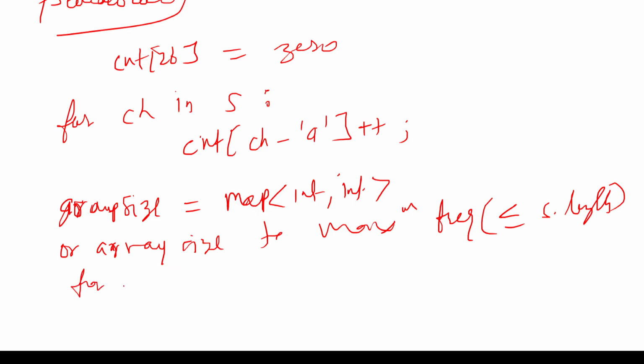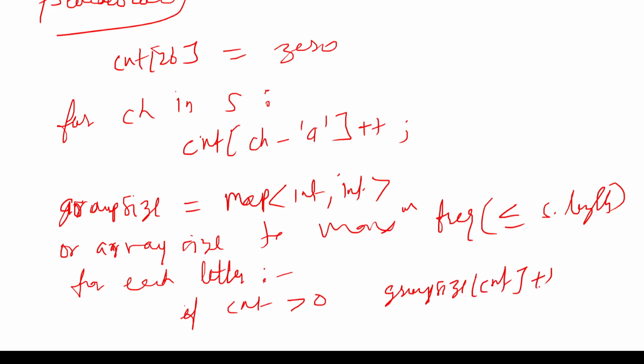So for each letter, if count is greater than 0, we'll do group size of cnt plus plus. Then find the best k, equal to 0, and this is called the best size. So we will track these things.